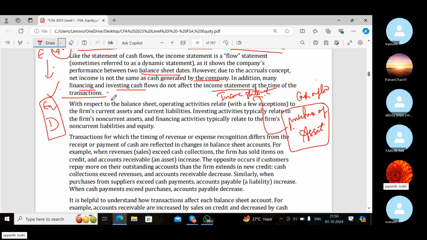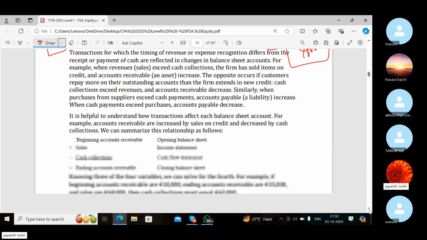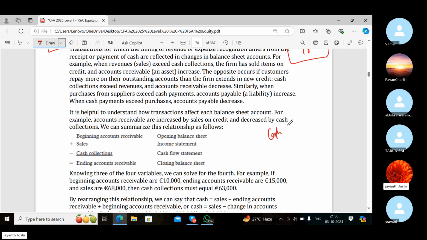Now, with respect to the balance sheet, operating activities relate to the firm's current assets and current liabilities. So now I am giving you some idea. When you make cash flow from operating activities, you will also deal with changes in current assets and current liabilities in this section. Why?